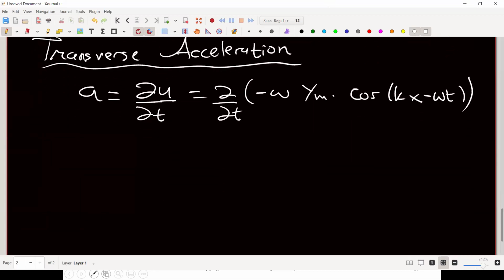The derivative of cosine becomes minus sine, so minus and minus become positive, so this becomes omega squared ym sin(kx minus omega t).